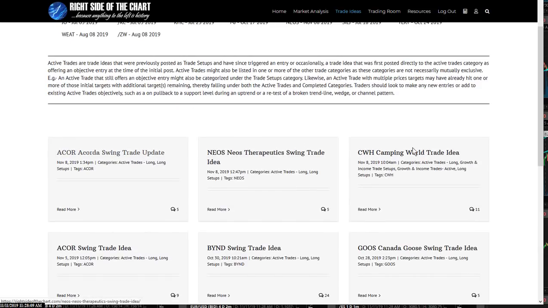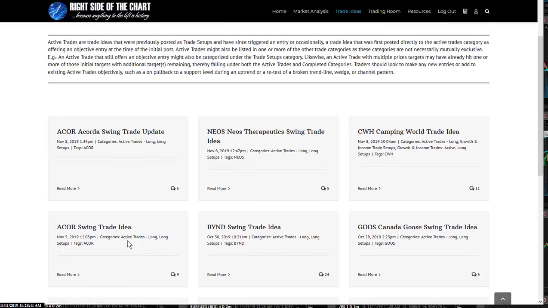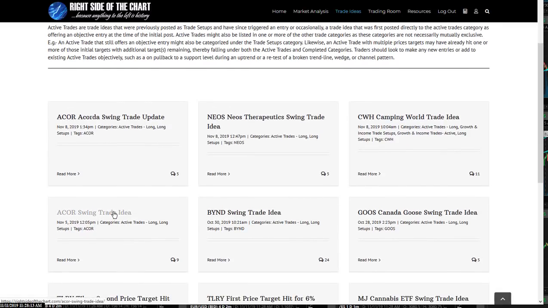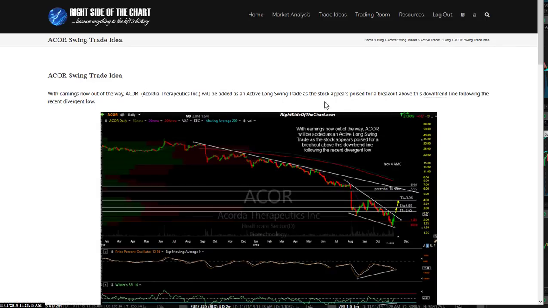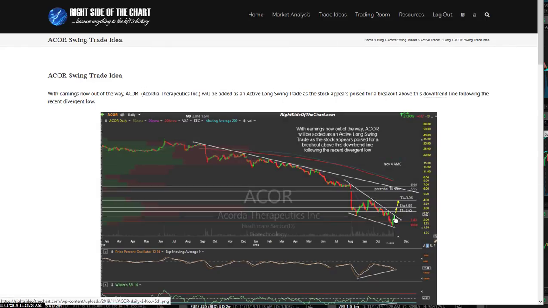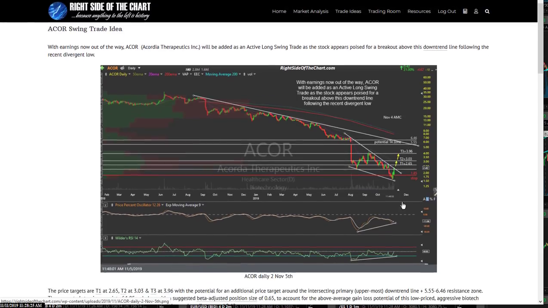Here we had a core swing trade idea, and I actually added it right away because I felt like a breakout would be imminent, and it did happen. But what I will often do, if there's a well-defined level, let's just say 242, and the stock was below 242, is list this ahead of time as a setup only, with an entry to be triggered on a break above 242.